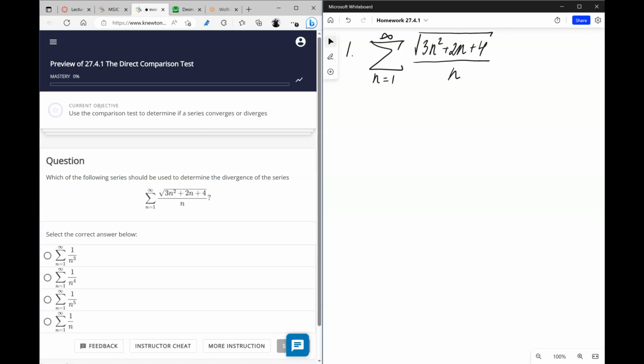And in this case, it looks like we're going to start with the denominator. If we just preserve the denominator at first and then try to figure out what to do with the numerator, this series diverges because it's a harmonic series.